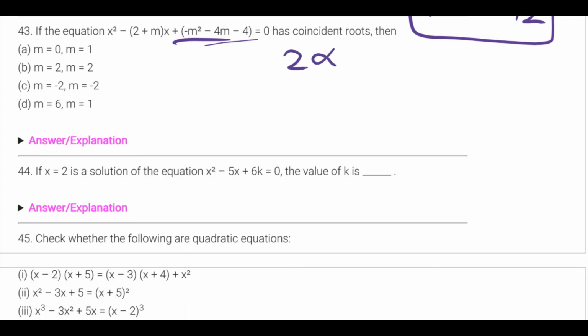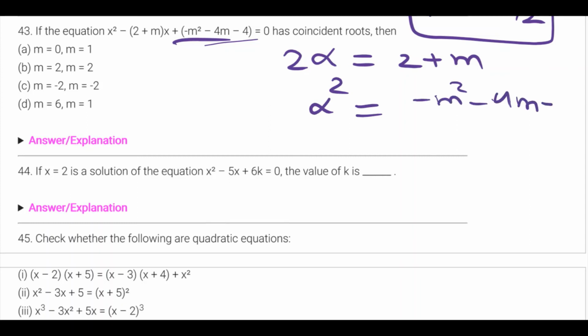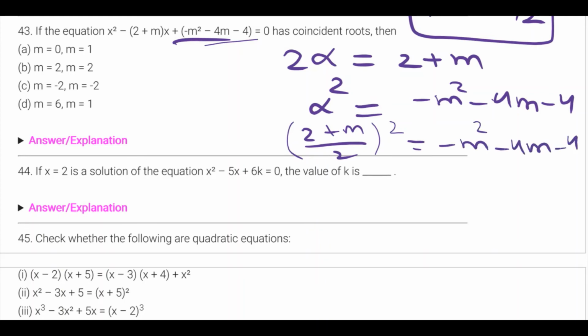So 2 alpha equals 2 plus m, and alpha square, the product of roots, equals minus m square minus 4m minus 4. So alpha square equals (2 plus m by 2) whole square, that equals minus m square minus 4m minus 4.